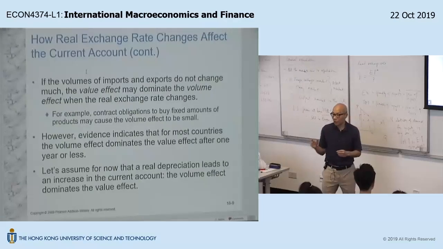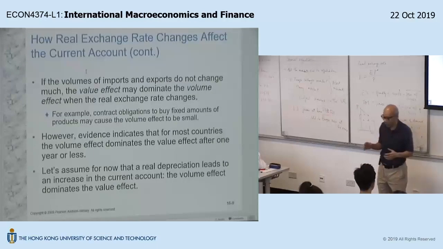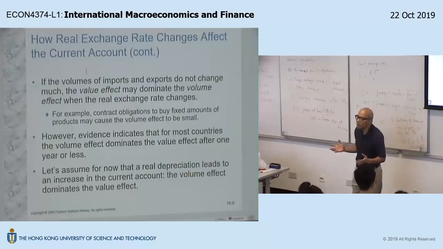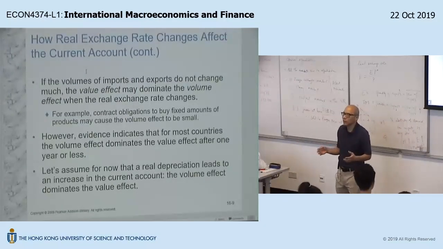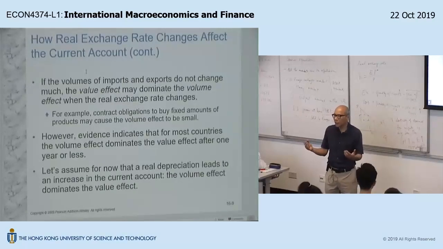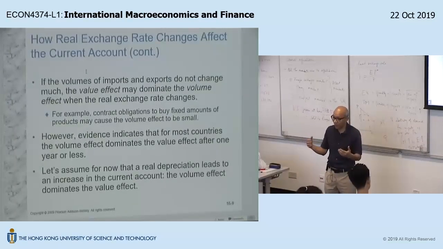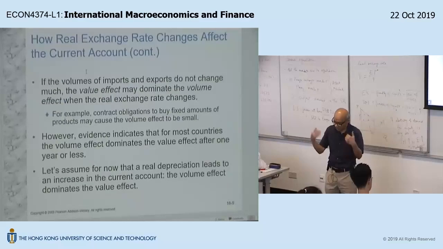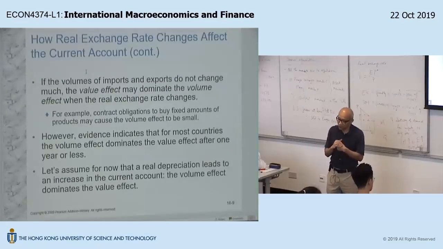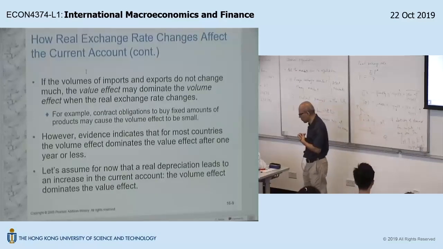That's why people say that within a sufficiently long period of time, for example, a year, if you give people a year, this Marshall-Lerner condition is probably going to be satisfied after the change in the real exchange rate. So the time frame is approximately a year or less.